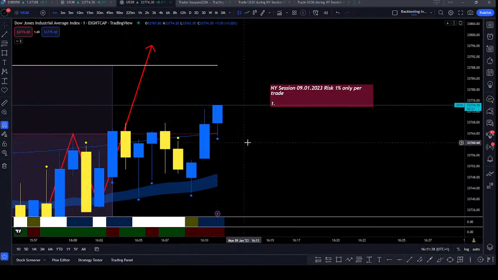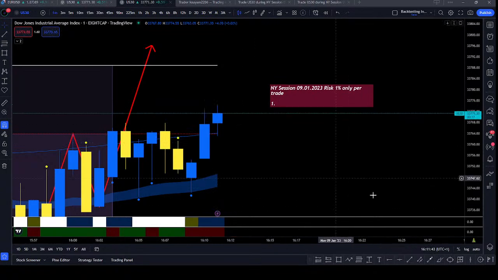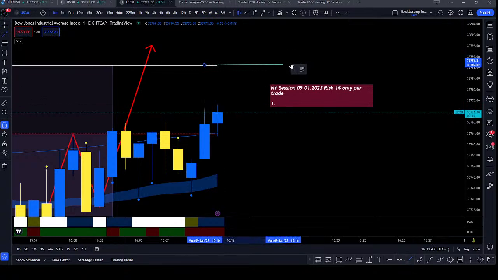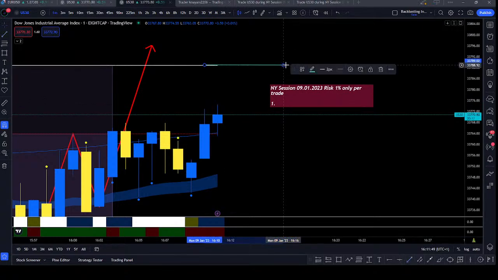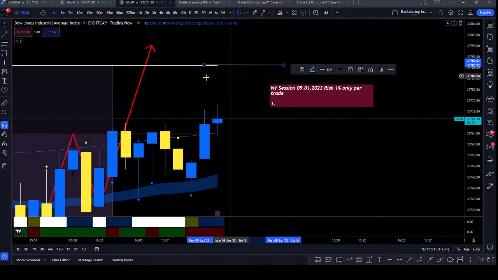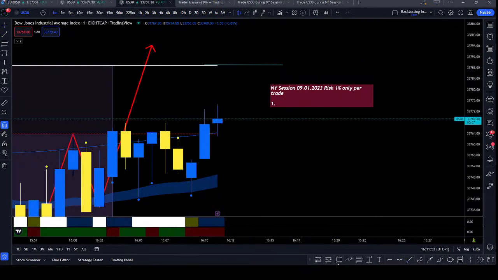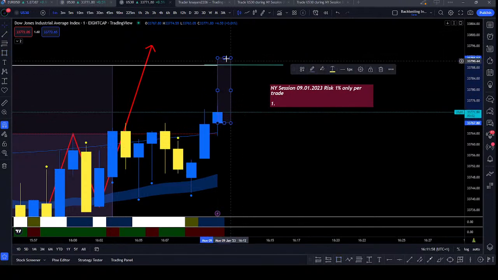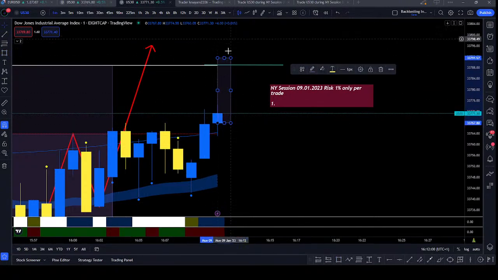If this candle gives me a good confirmation, I also need to tell you that if the price closes somewhere at the current high of New York level, this is today's high of New York level, and closes like this, I will not be taking the trade because a new high has been formed.